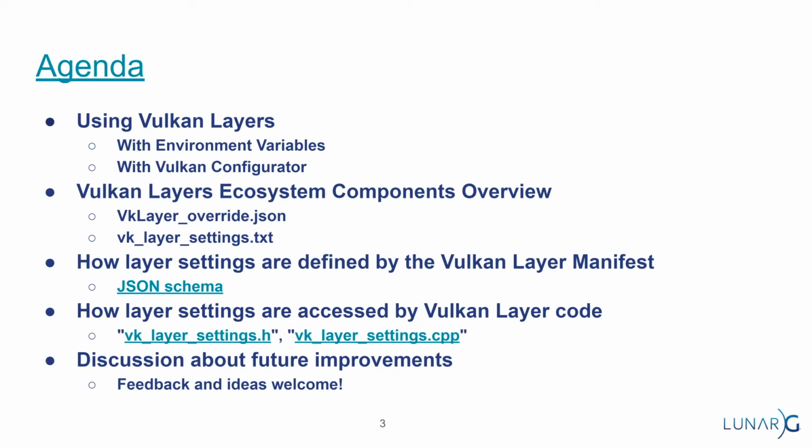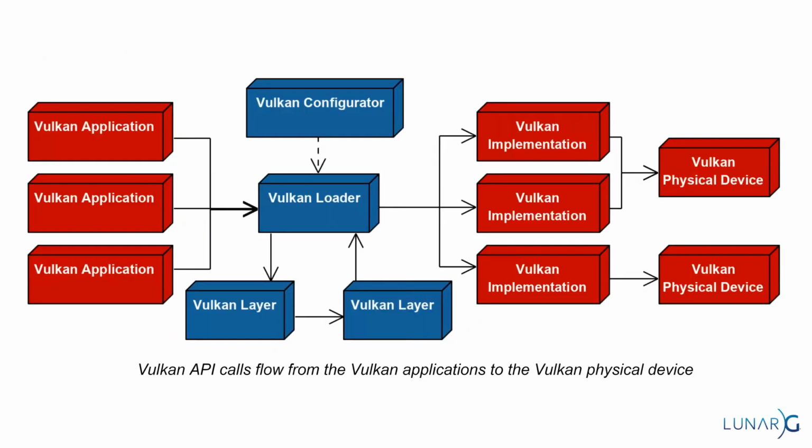And second, how to change the code of a layer using the library we provide to read the layer settings that Vulkan Configurator configures. And finally, maybe a discussion about the improvements you submitted. So we will see. I'm not sure how easy it will be to do this part, but we will see.